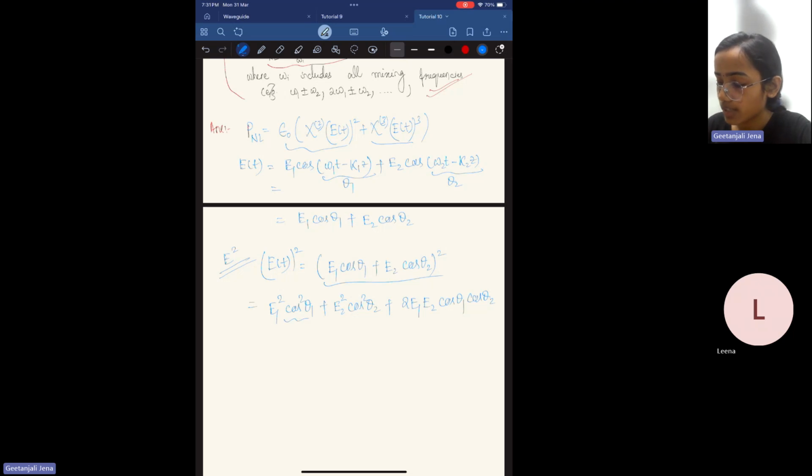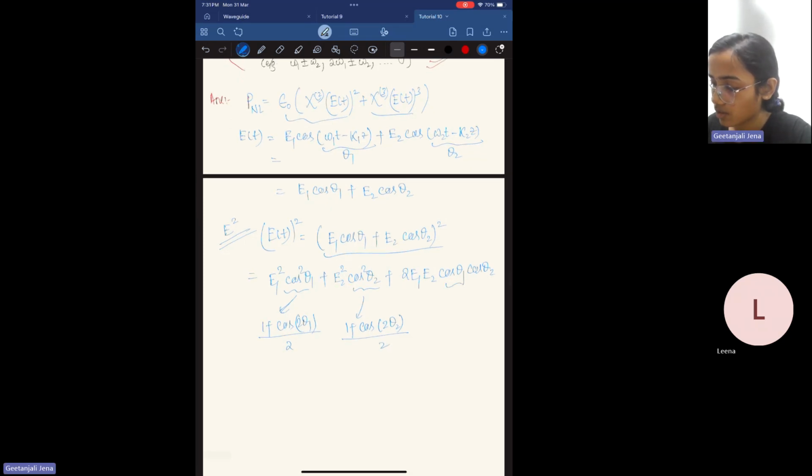We need to express this square term in terms of cos terms without any power. So cos squared theta 1 you can write as (1 plus cos 2 theta 1) by 2, and cos squared theta 2 is (1 plus cos 2 theta 2) by 2.